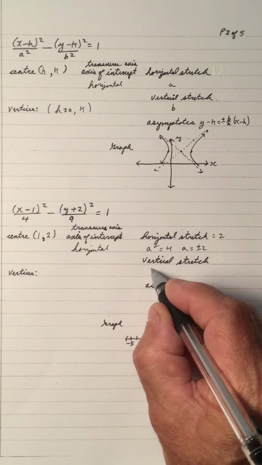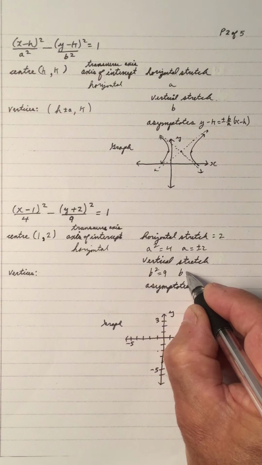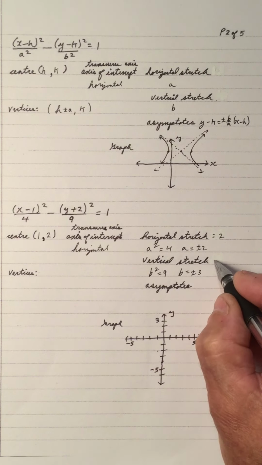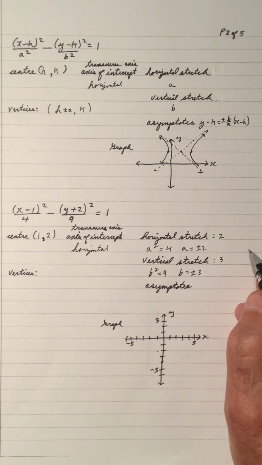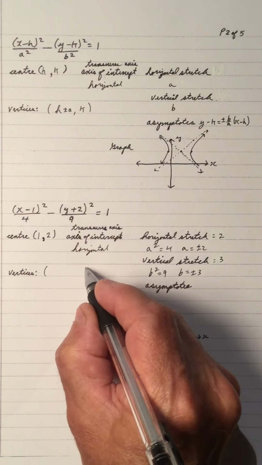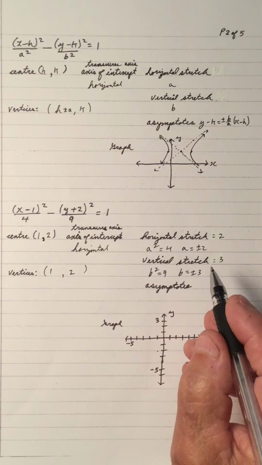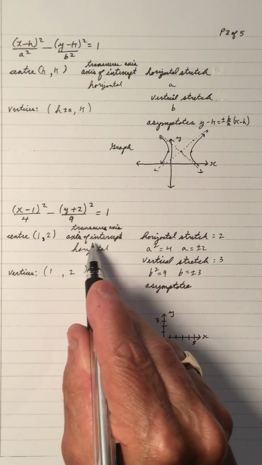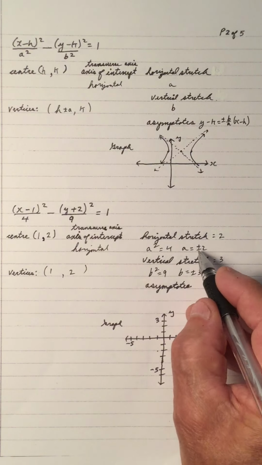The vertical stretch is the b, so b squared is 9, so b is plus or minus 3. So the vertical stretch is 3. And the vertices: the center is 1, comma 2. But the horizontal stretch, because the axis of intercept is the transverse axis, which is horizontal, we add the 2.